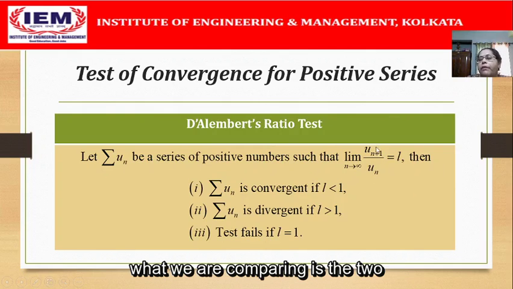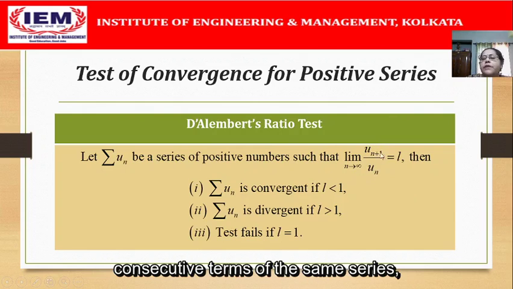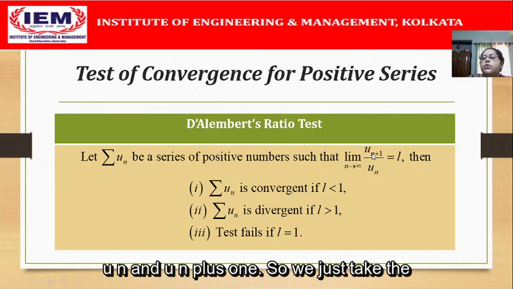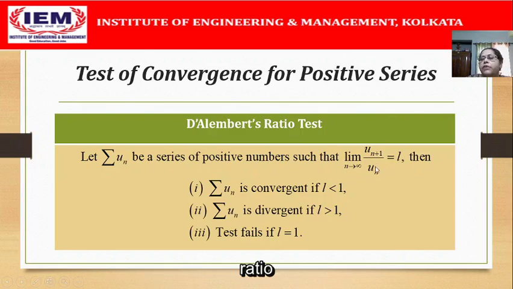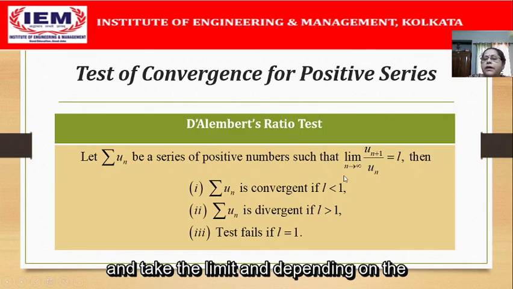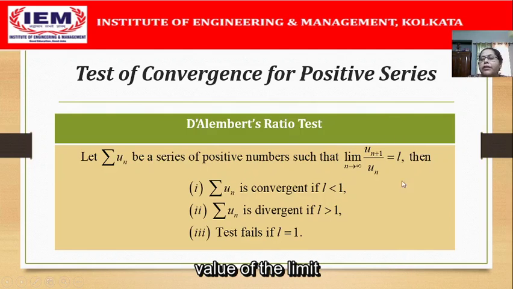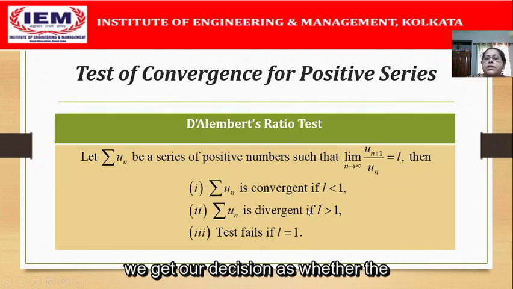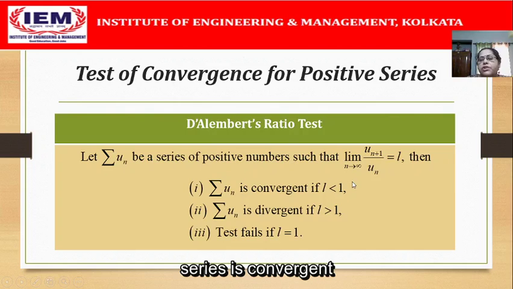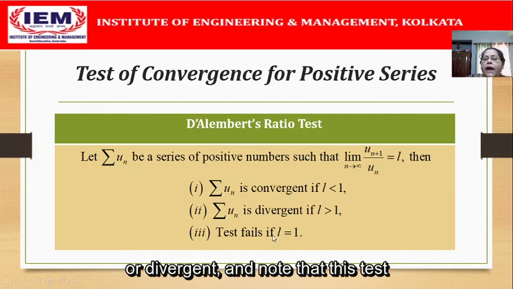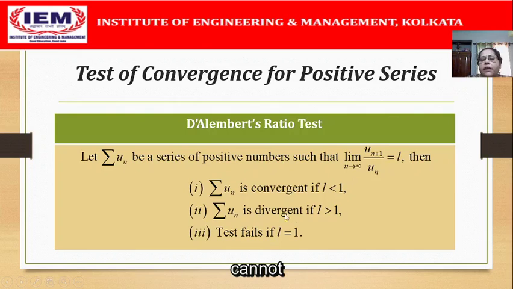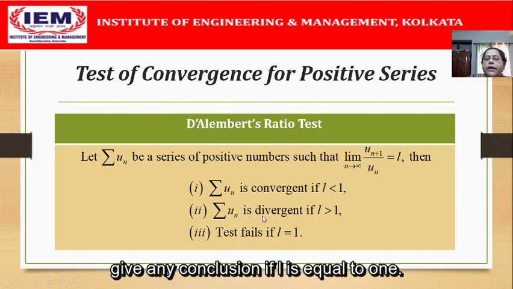What we are comparing is the two consecutive terms of the same series, un and un plus 1. So we just take the ratio and take the limit, and depending on the value of the limit, we get our decision as to whether the series is convergent or divergent. And note that this test cannot give any conclusion if L is equal to 1.